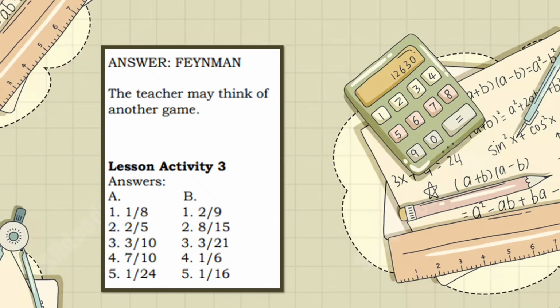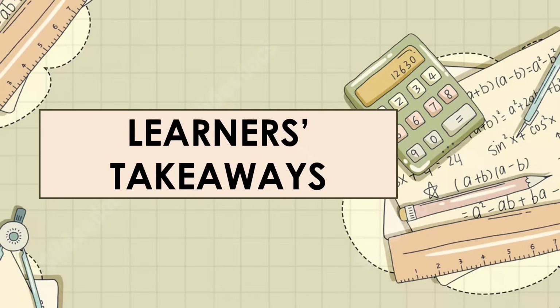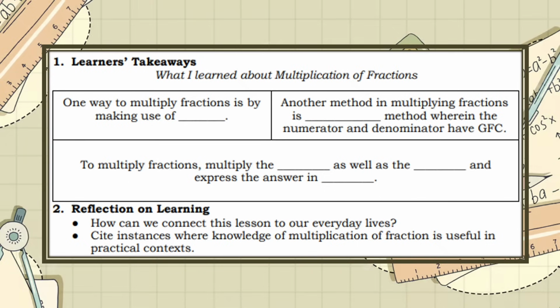On the first few slides that we have, there is the step-by-step process on how you're going to solve multiplication of fractions. Okay, so I think you can do that very well. And let's have your takeaways for this lesson. Okay, what I've learned about multiplication of fractions. Then you can go with your reflection on learning.